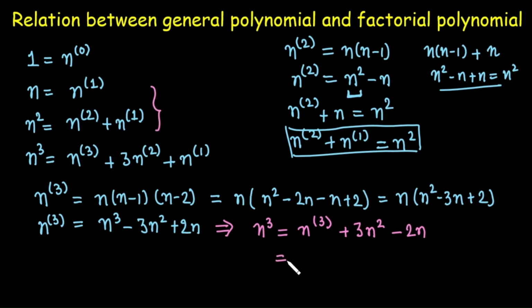We have n raised to power 3 factorial polynomial plus 3 times of n2 plus n raised to power 1 factorial polynomial minus 2 times of n is replaced by n raised to power 1 factorial polynomial.